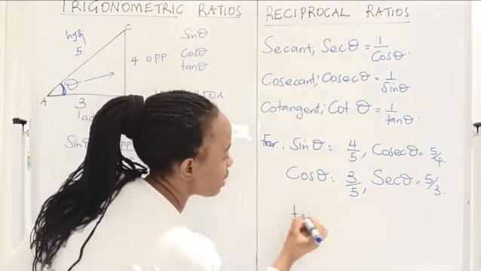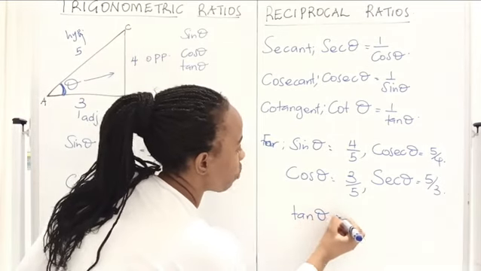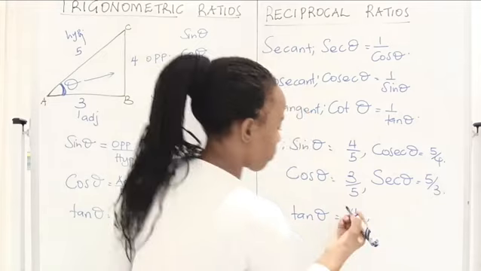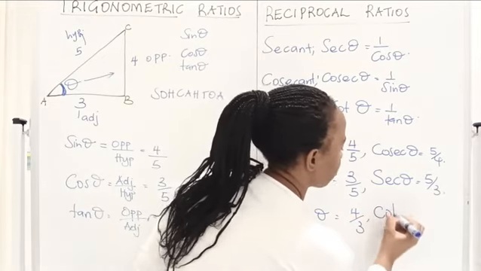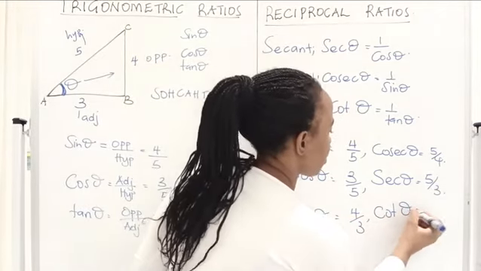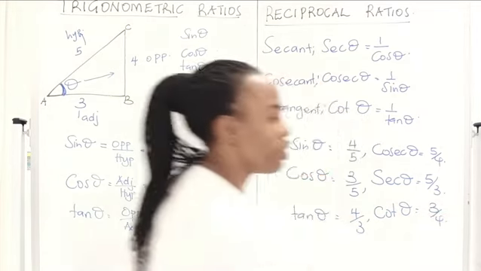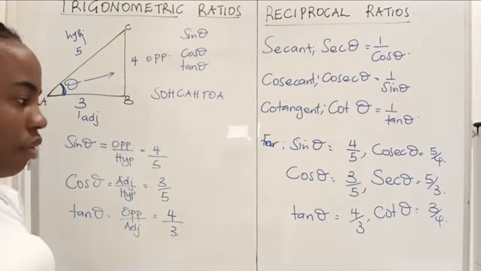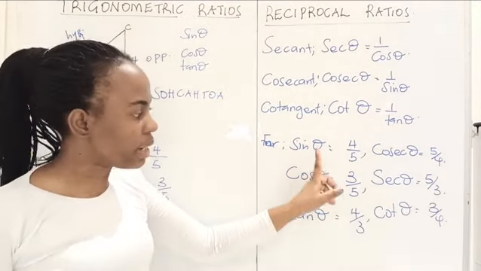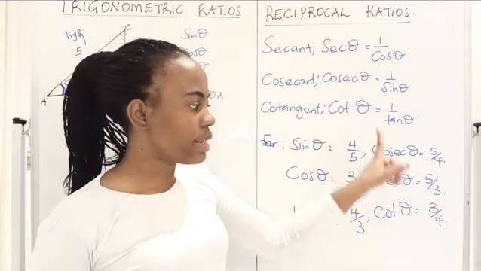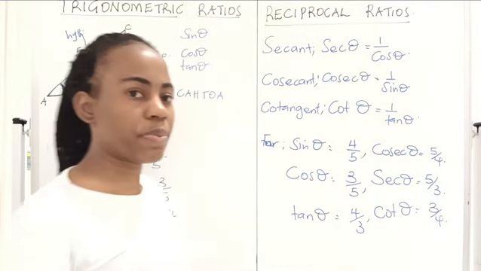For tan theta, which is equal to 4 out of 3, cot theta, the reciprocal of tan, is going to be 3 out of 4. We just get the reciprocal of the sine, cos, and tan to get cosec, sec, and cot respectively.